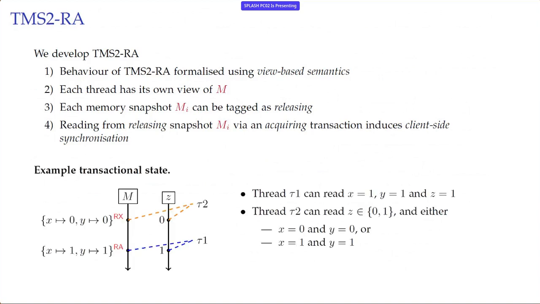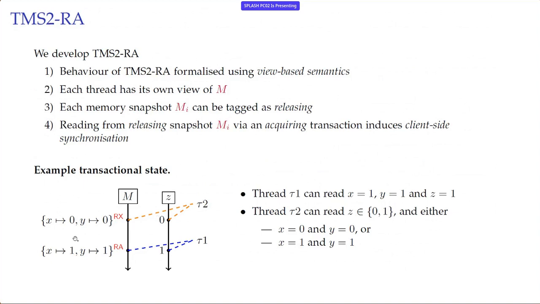So here's an example of a view-based transactional state. Here we have the sequence of memory snapshots, and here we have some client variable. The way to read that is that time is going down this way, and tau1 and tau2 are two threads, and they have a particular view of the state.